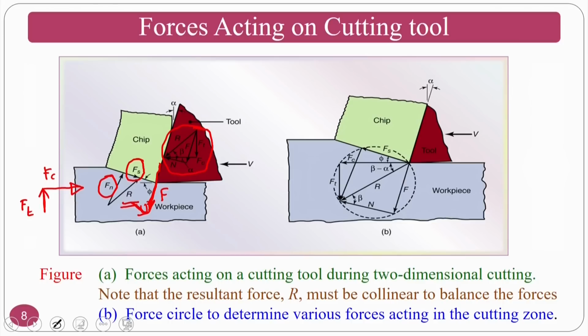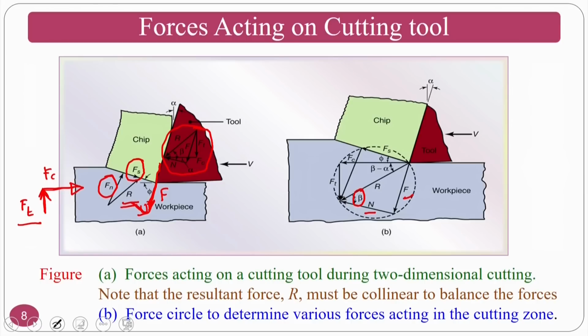So at the same time, the two forces, the cutting force and the thrust force, are the two forces that act on the tool from the workpiece. So these two can be measured. So you can see all the forces here, the frictional force and the normal to the frictional force, and this is called the friction angle, and the shearing angle along the direction of the shear.